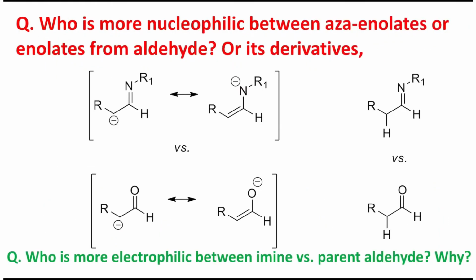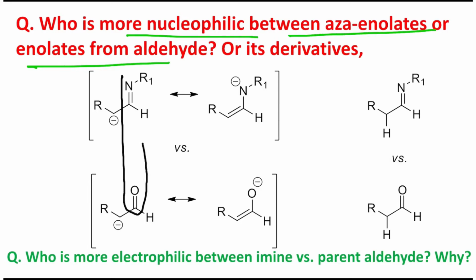Now, a question: who is more nucleophilic, the azaenolate or the enolate from an aldehyde or its derivative? First of all, the main difference is the replacement of oxygen with nitrogen. The aldehydes are converted into imines, and from the imine the carbanion, or azaenolate, is produced. We know that nitrogen is less electronegative than oxygen.